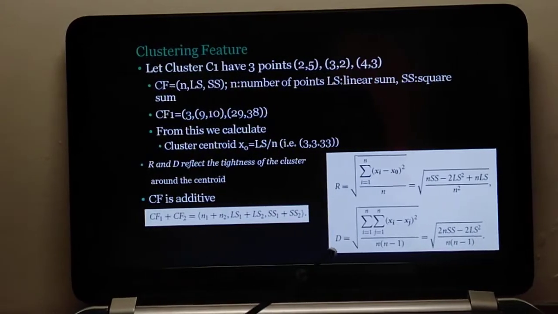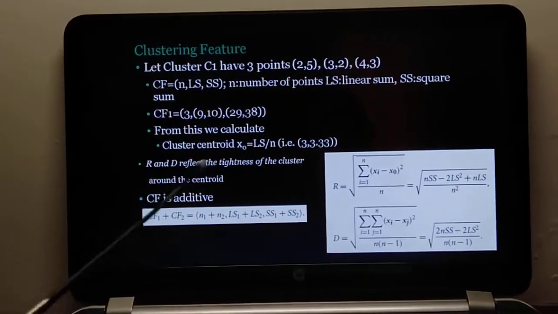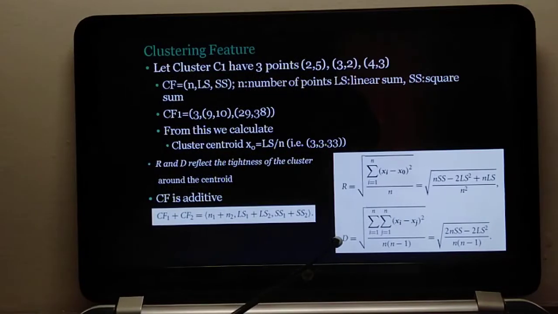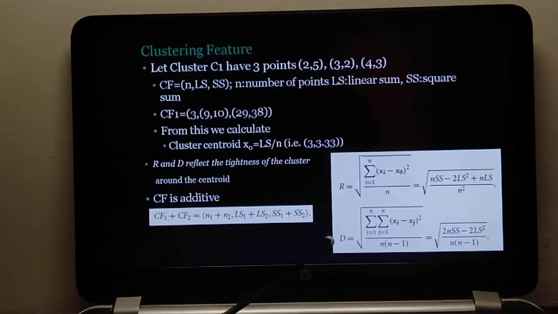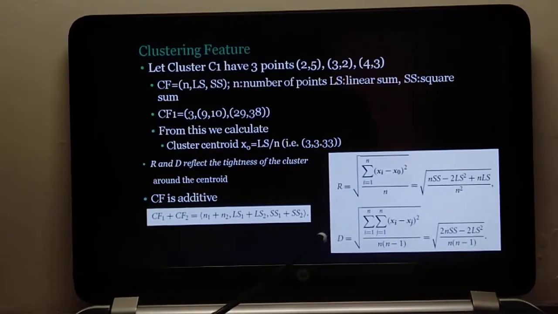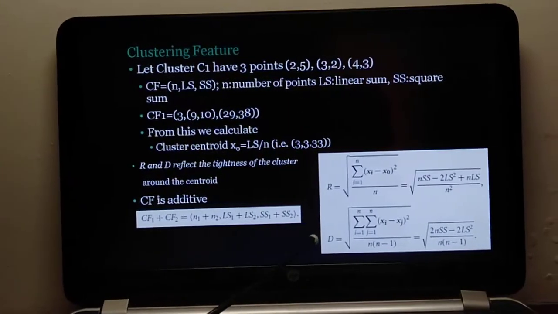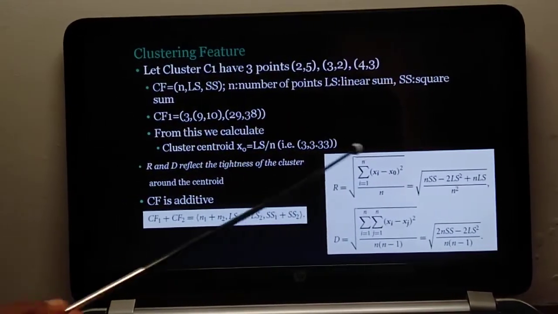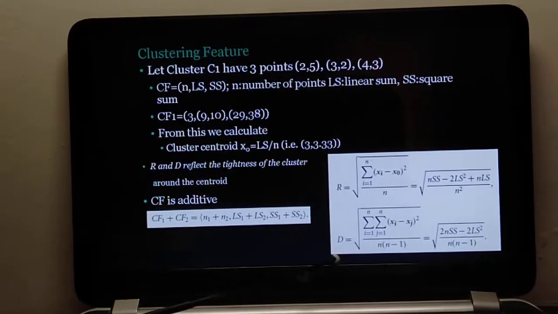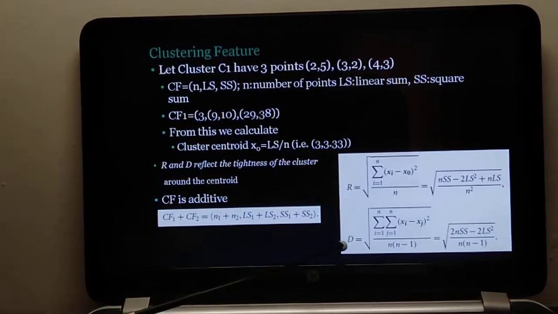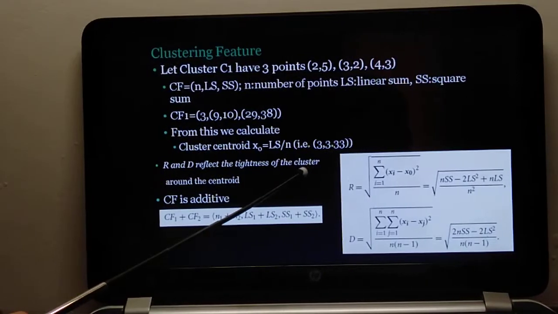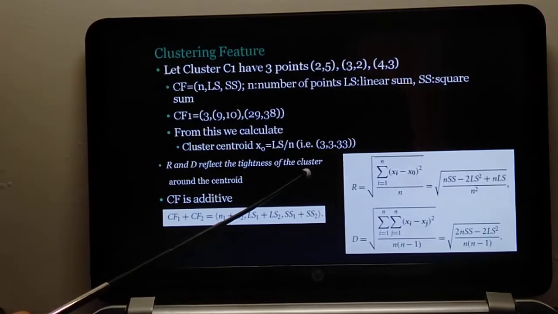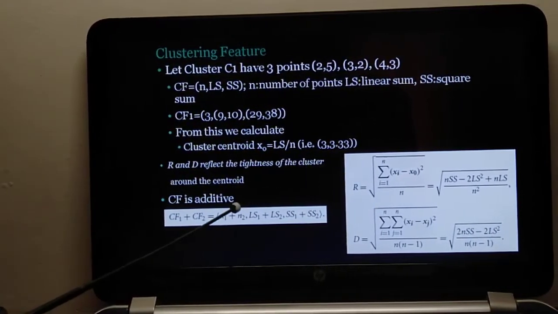Based on that, I can decide whether a new number should go in a present cluster or whether I should divide the cluster again into 2. So do you understand how the B-tree works? In a B-tree, we are simply using the number. Here we are not using the number only. We will be using the values of the radius and the diameter. These thresholds will also be used to decide whether a cluster must be kept as a single cluster or whether the cluster must be divided.